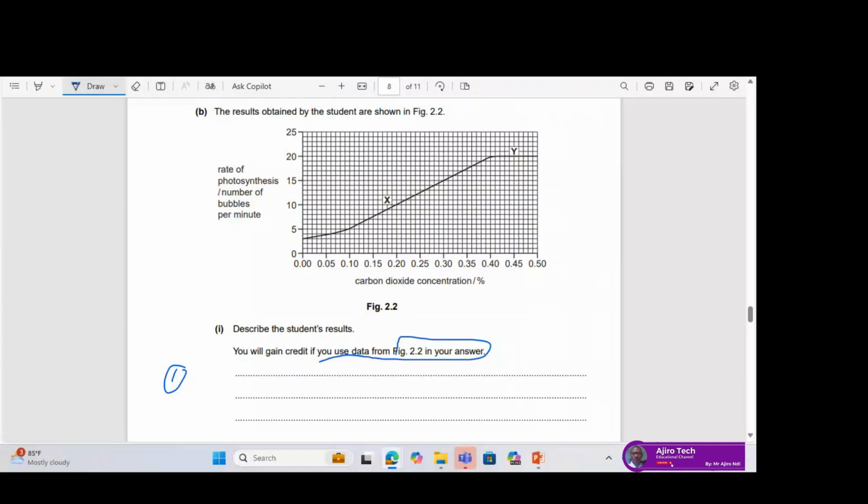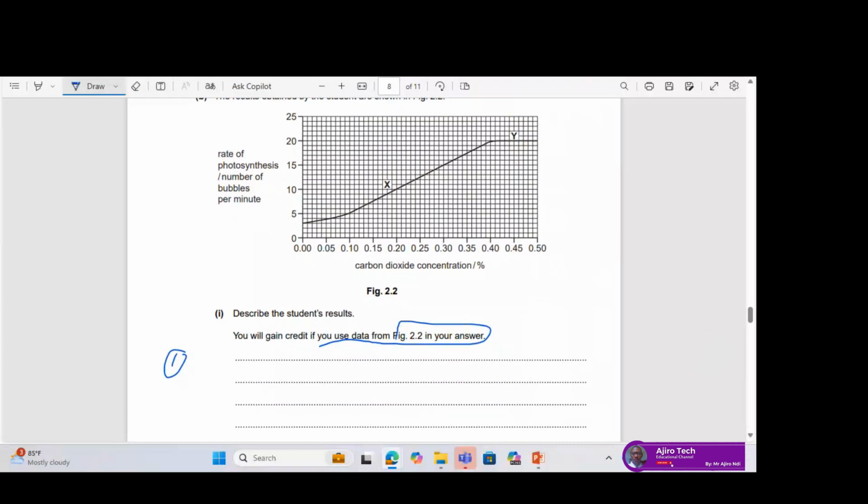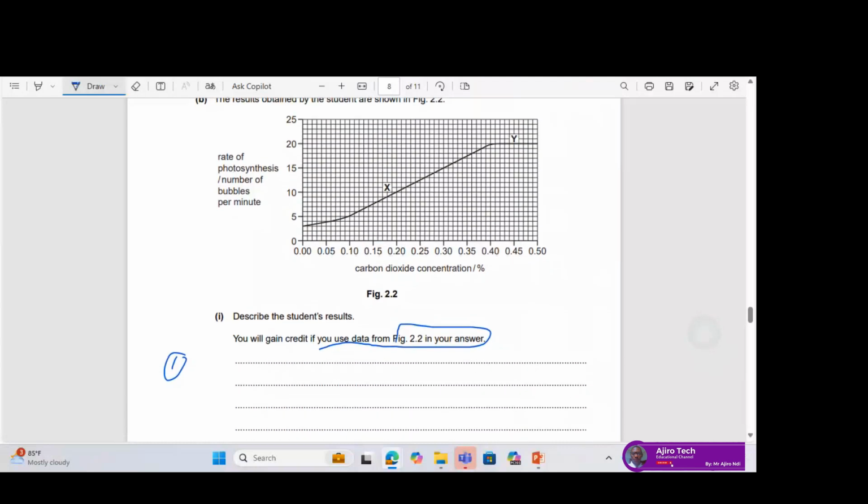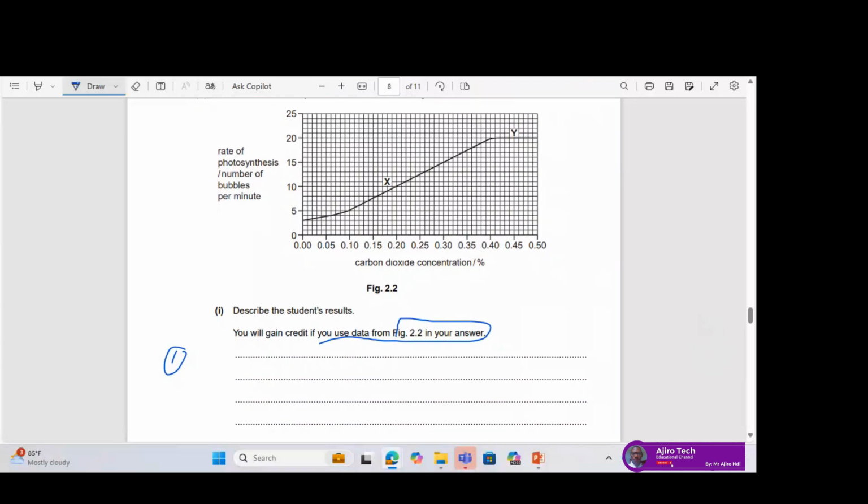As the line reaches 0.40, it stays constant, meaning that the plant has reached its maximum amount of bubbles.